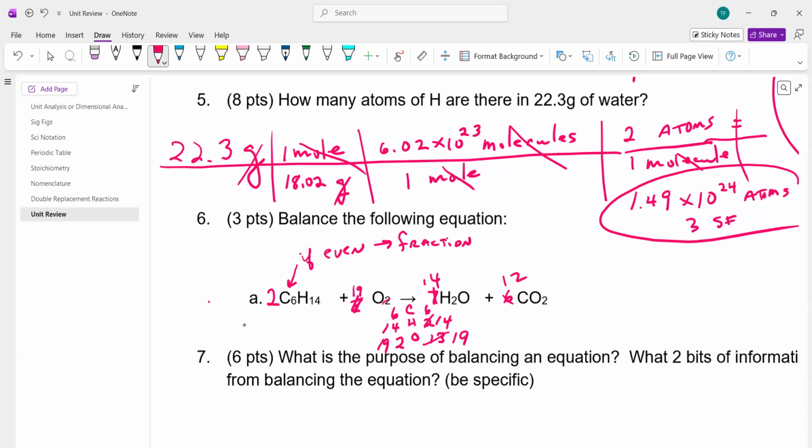Just for the carbons? Or could it be any? No, it's just for, yeah. And frequently they give you this even because this becomes a fraction, you have to deal with it. So just, if it's burning, in other words, we're burning this with oxygen, think fraction when you get down to the oxygens.